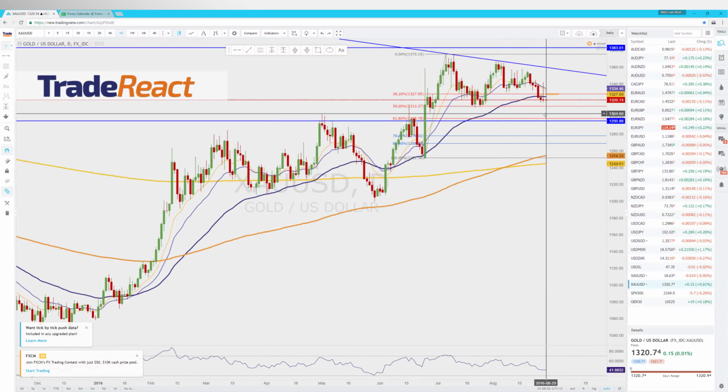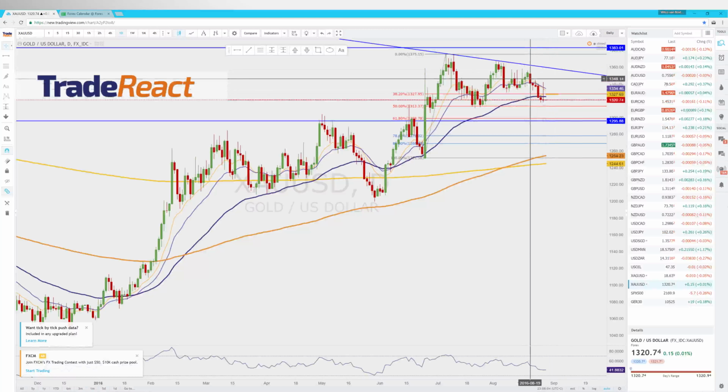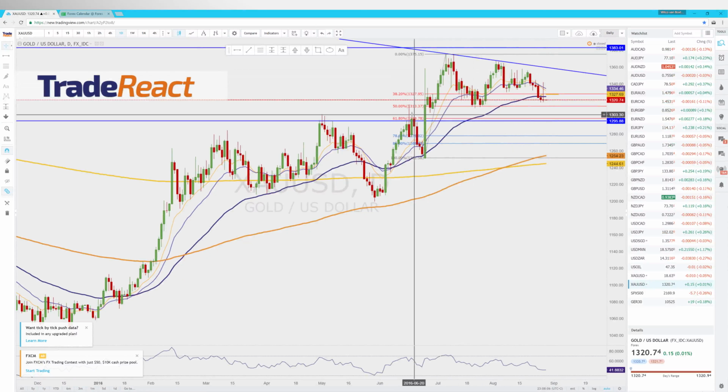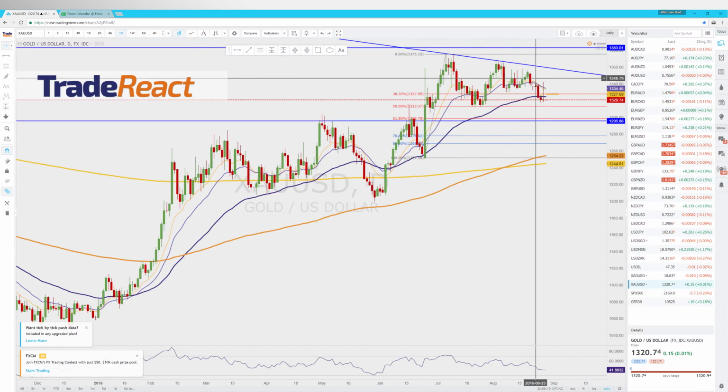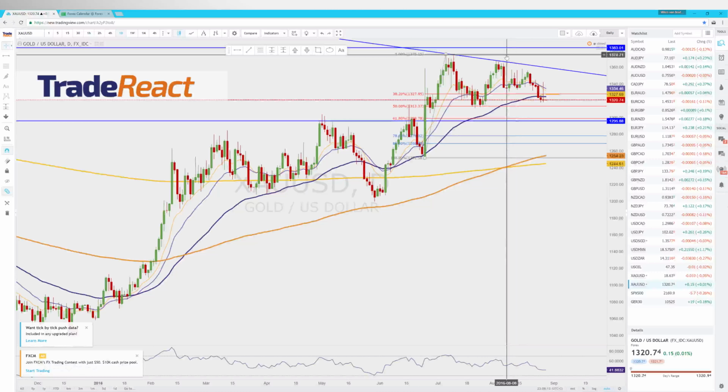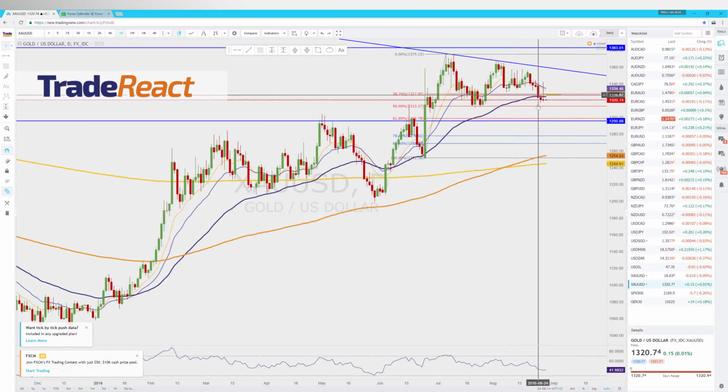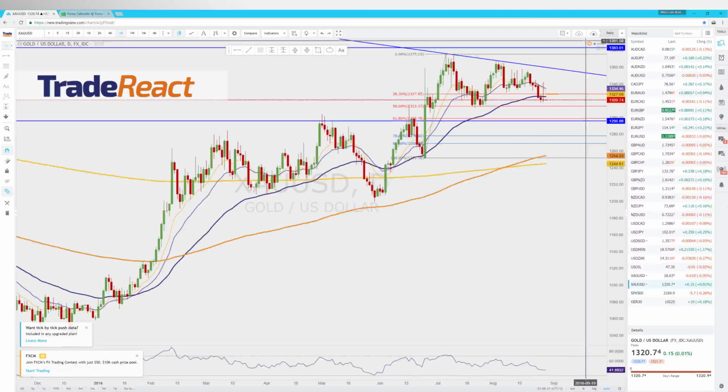So perhaps a move lower. I'm not favoring any setups at the moment. Perhaps we can look for longs here around the 1300 again and let price work its way out on the highs above here or on the 13 level before we take any trades, or have some clearer price action on the 4 hour charts.